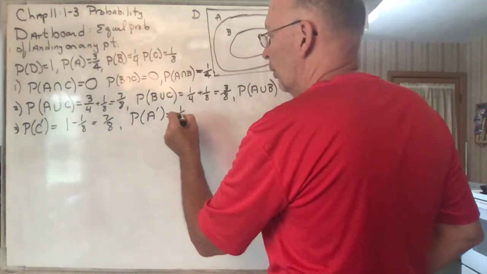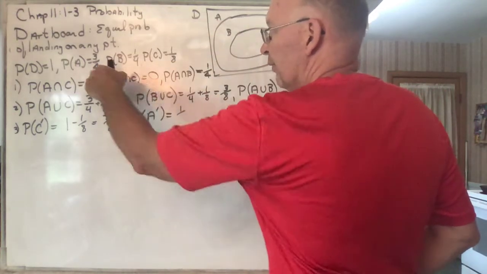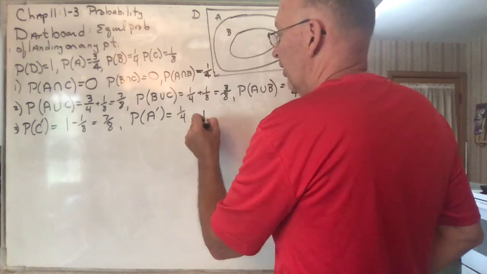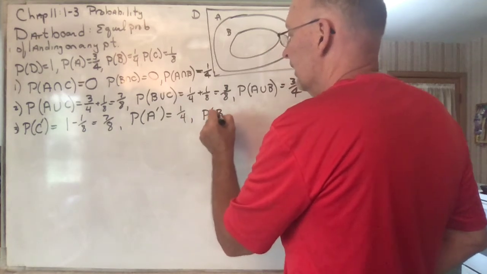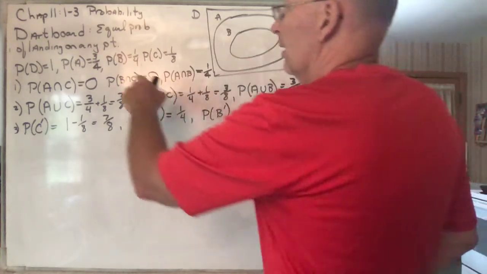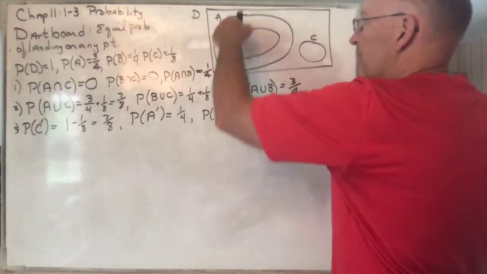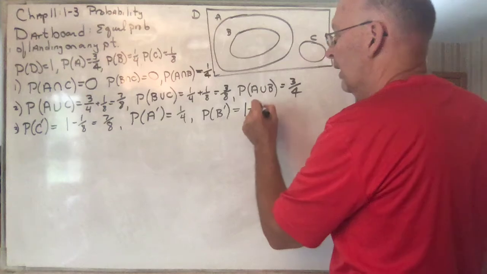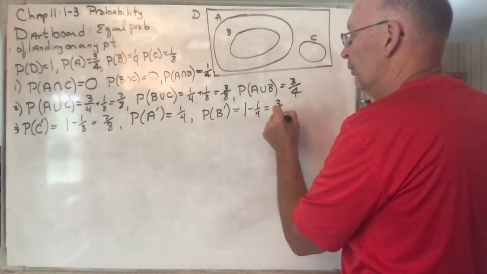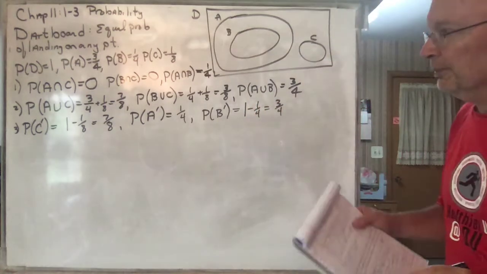That would be 1 minus 3/4, which would be 1/4. The probability of landing in B is 1/4, so the probability of not landing in B would be 1 minus 1/4, which is 3/4. Okay?